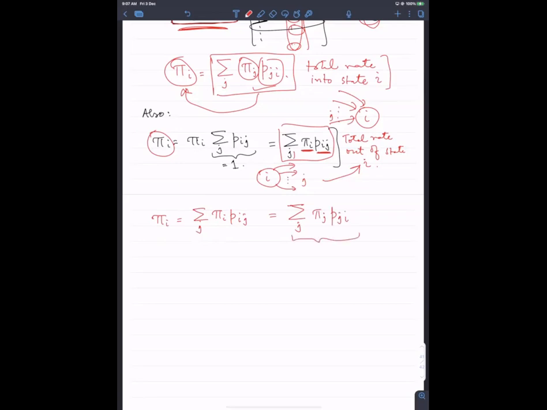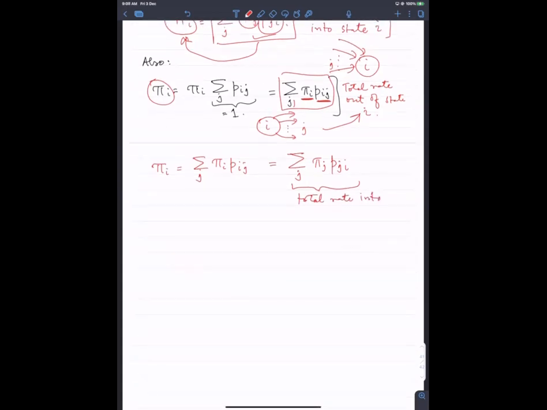So this is the total rate into state i, the sum of all those probability rates, and this is the total rate out of state i. And this makes sense. The rate at which you go into a state is the same rate at which you must leave that state. Otherwise you would be absorbed in that state.